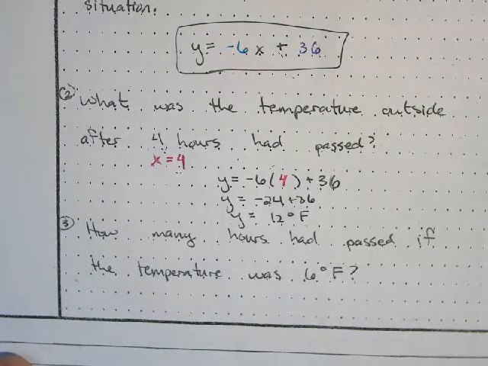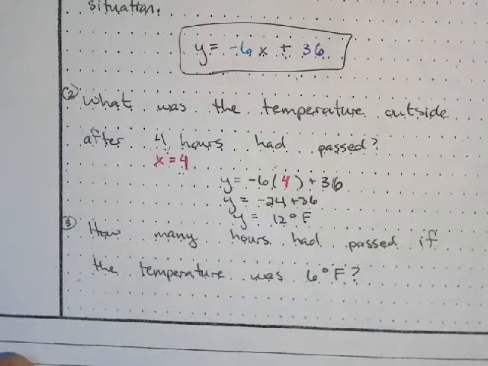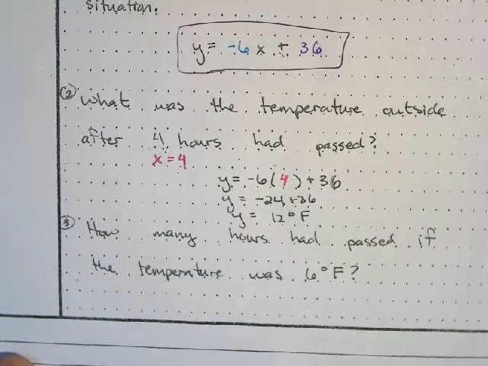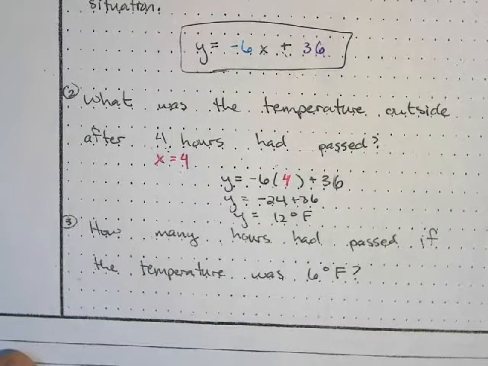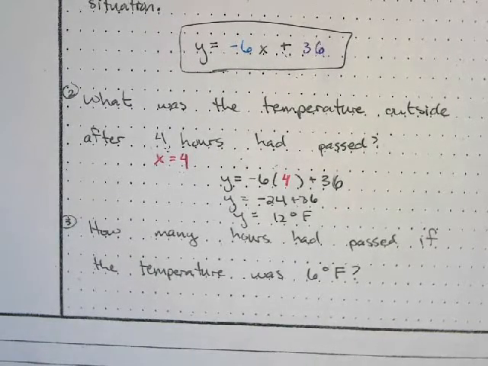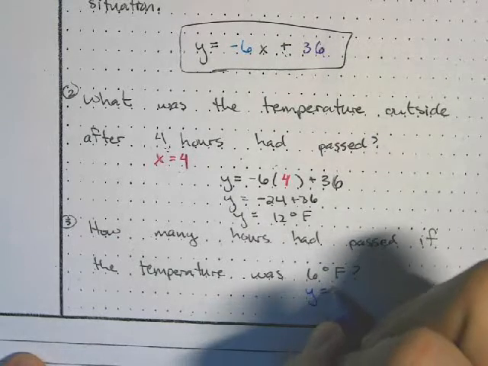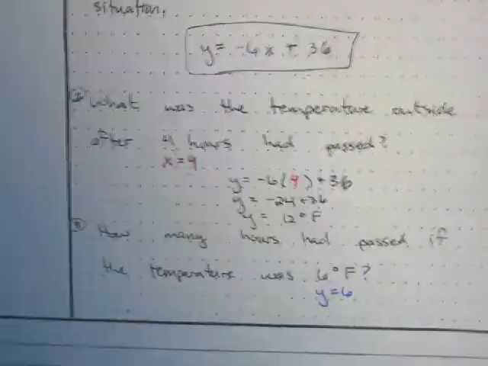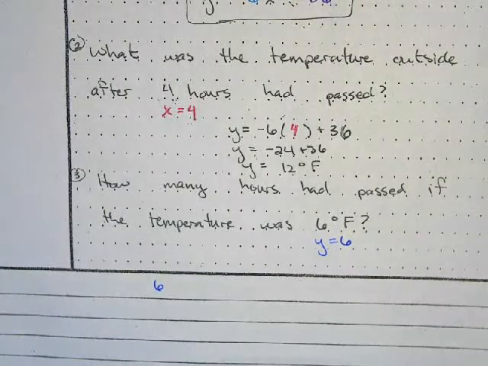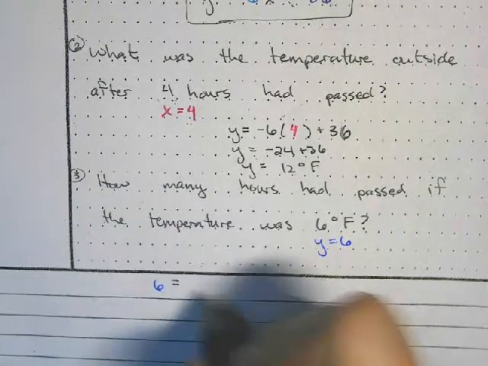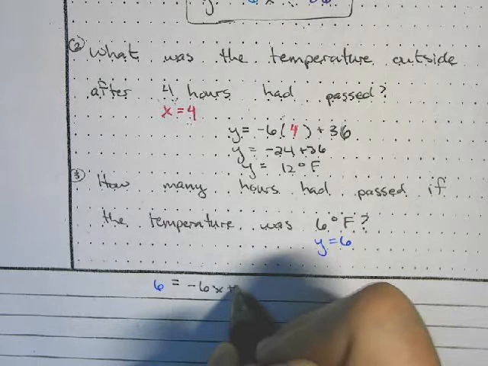So how many hours had passed if the temperature was 6 degrees Fahrenheit? Well, 6 degrees Fahrenheit, is that going to be x, or is that going to be a y value? Well, this will be a y value. So we have y equals 6. So we'll plug in for y and then solve for x. So I have 6 equals -6x plus 36.